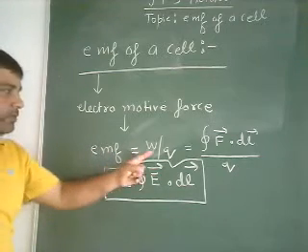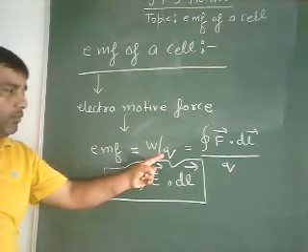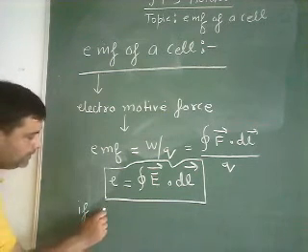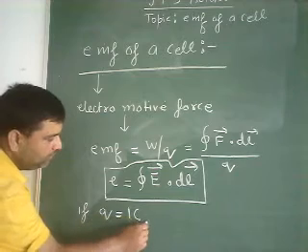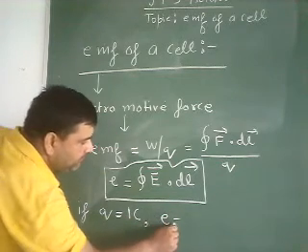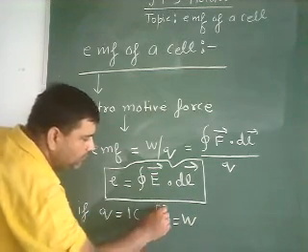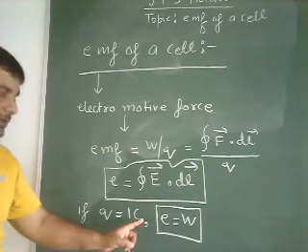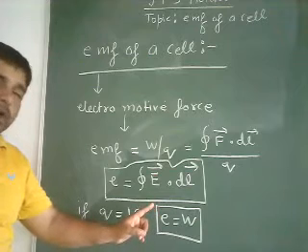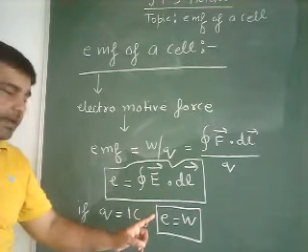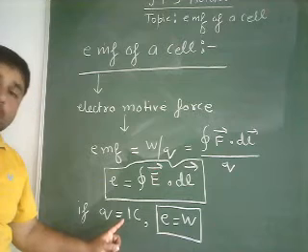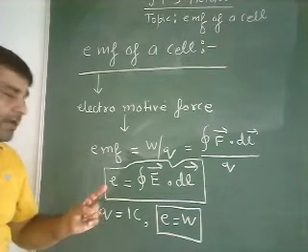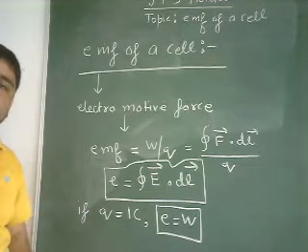Simply, if you take q equal to 1 coulomb, then EMF is equal to W. It means EMF of a cell is the total amount of work done in moving 1 coulomb of charge once round a complete closed path of current.